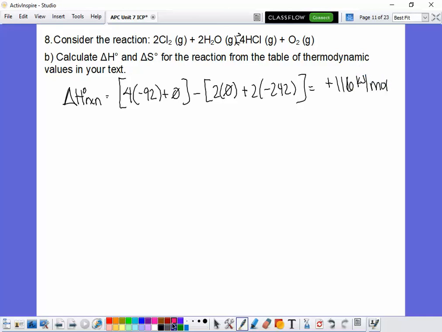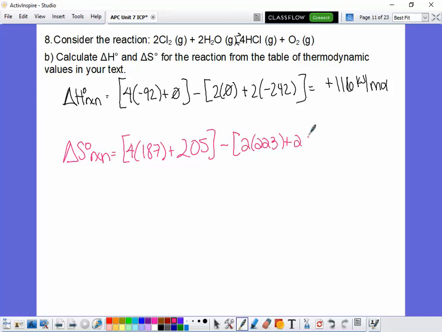And then for delta S, and we were saying this when we were paused, remember every substance has an entropy value, regardless of what its H value is, or G. Remember, elements and diatomics in their natural standard state, their delta G and delta H are 0, but S, everything has one.